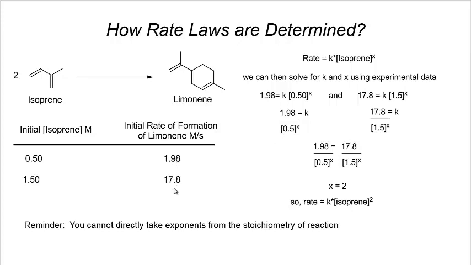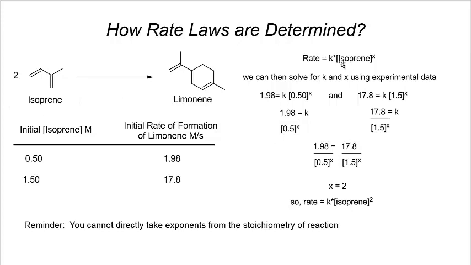Okay, so to solve for this, our rate law is simply going to be rate equals our constant K, using the same type of formula we saw on the previous slide, times each of our reactants raised to a power, which we need to experimentally determine. In this case, we only have one reactant, isoprene.